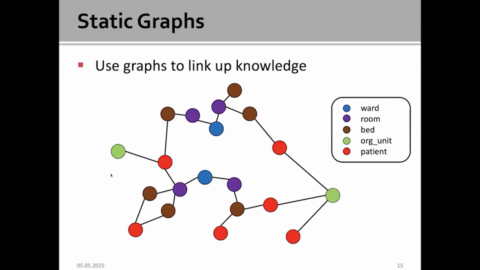To summarize the idea, Radu talked about graphs in his presentation. Here you can see another graph. We have all that information now linked up in this graph: the spatial units, so wards, rooms, beds, organizational units, and also the patients.